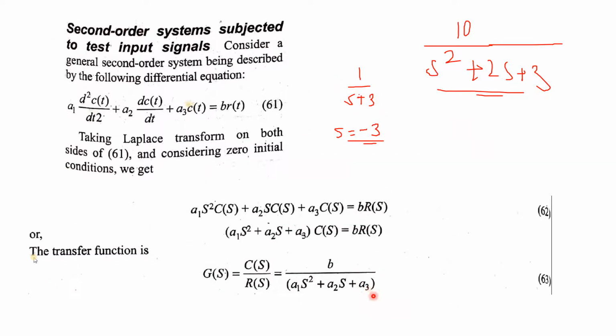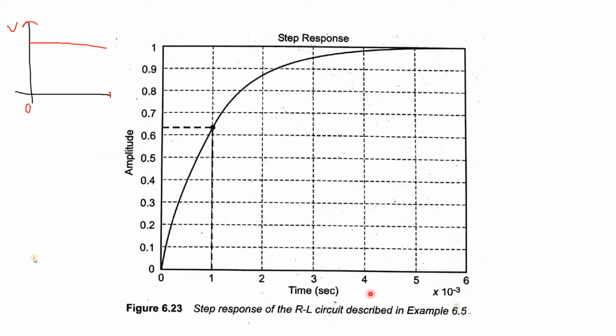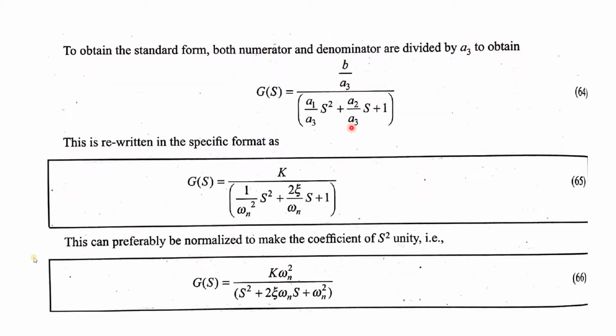So it can be represented like this, dividing numerator and denominator by a3. In this case it is rewritten in a specific format. This is the specific format of a second order transfer function, a very important equation.